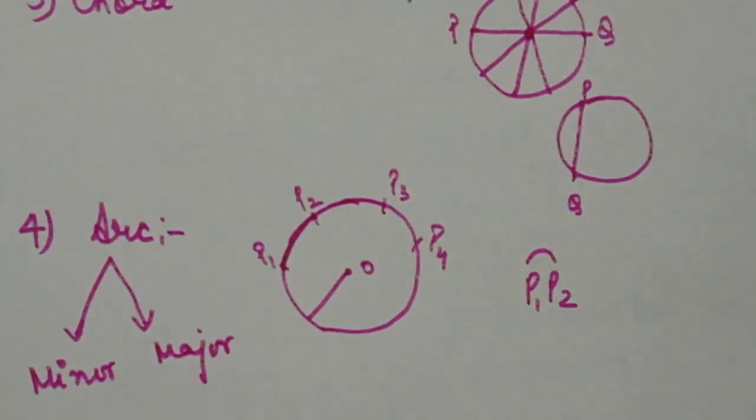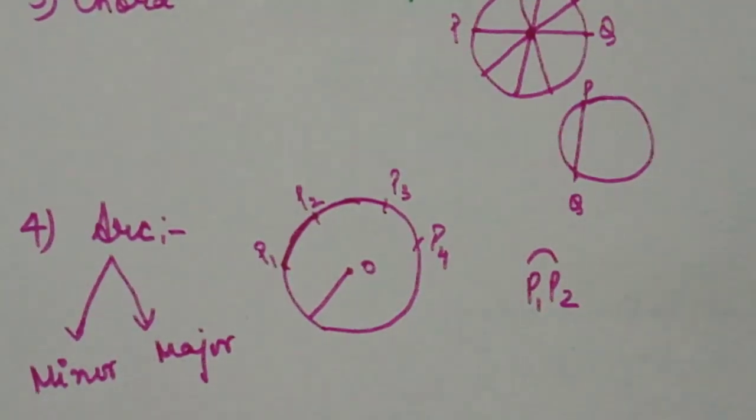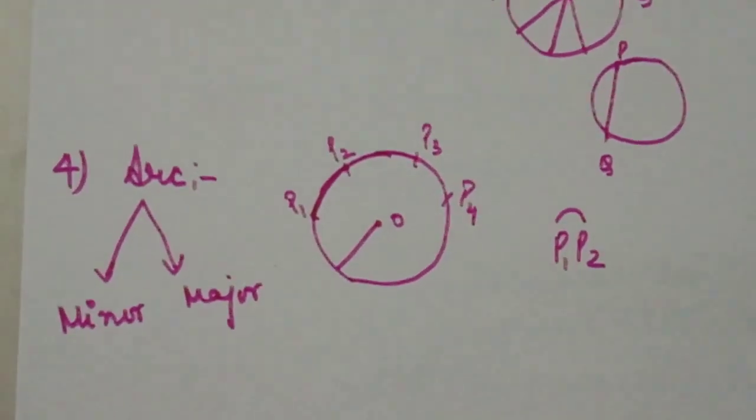A minor arc of a circle is the collection of those points of a circle which lie on and also inside the central angle. So now the question is, what is a central angle? So first of all, before discussing the definition of these two arcs, we will discuss what is a central angle.